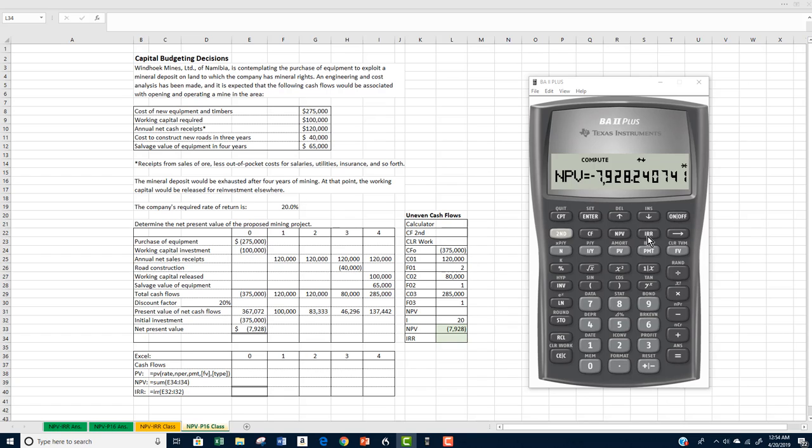Then press CPT. The display will read IRR equals 19.02110693. The IRR for this purchase would be 19.02%, which is less than the minimum required of 20%.